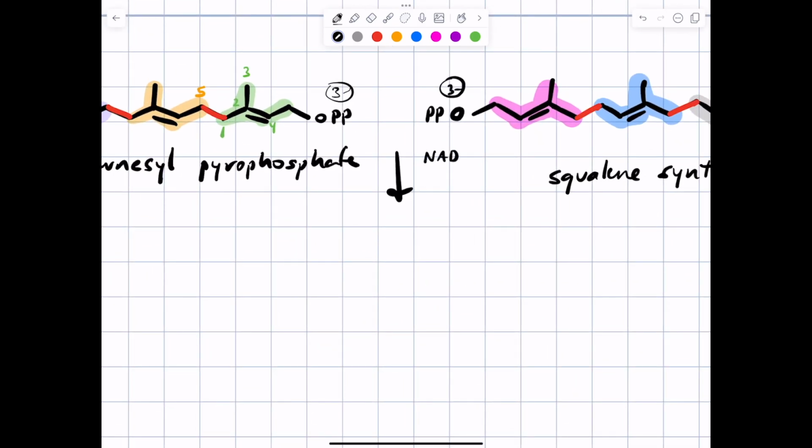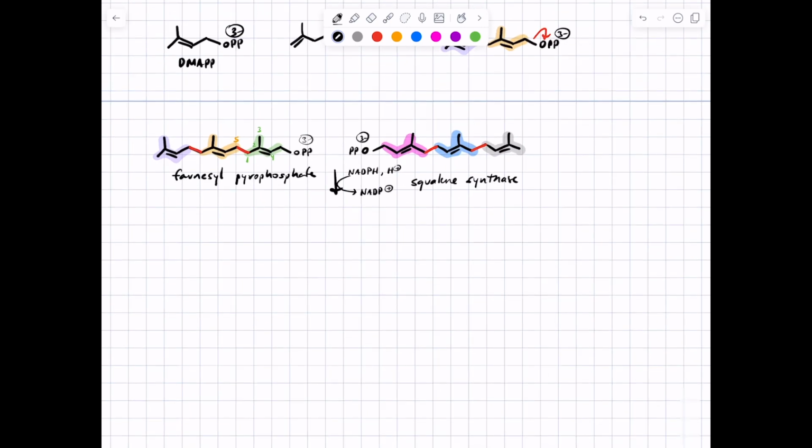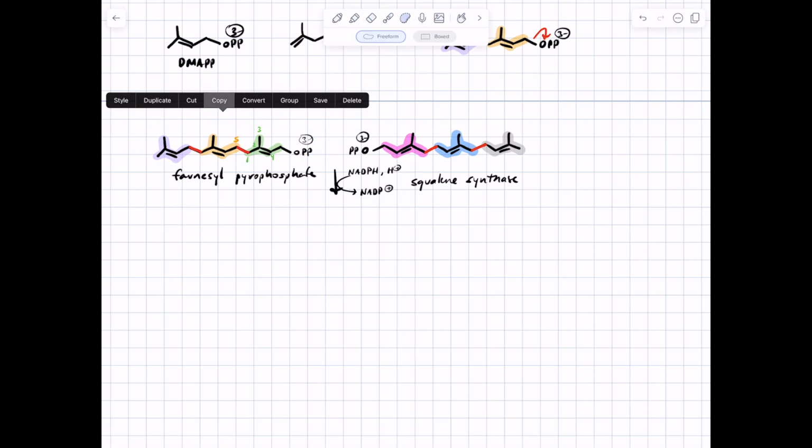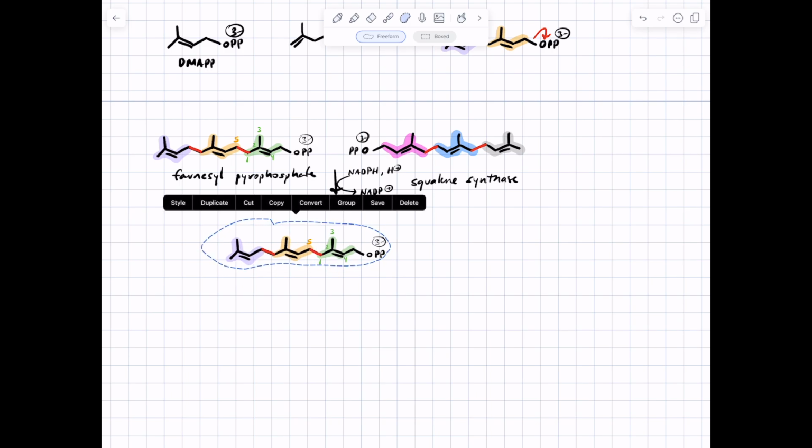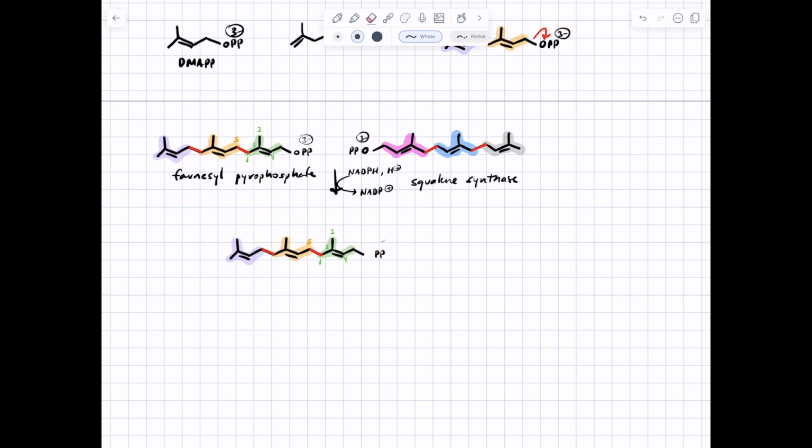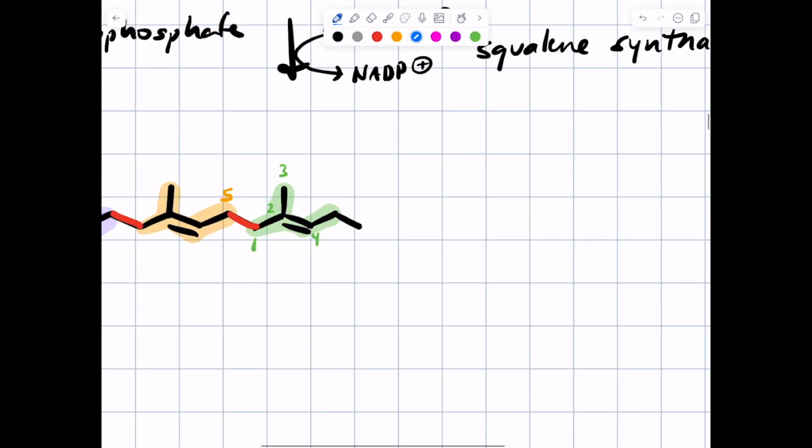This reaction is formally a reduction. If you look, you'll be able to see the number of carbon heteroatom bonds decreasing as we undergo this process. And the process basically takes 2 farnesyl pyrophosphates and links them together in an unusual head-to-head fashion.